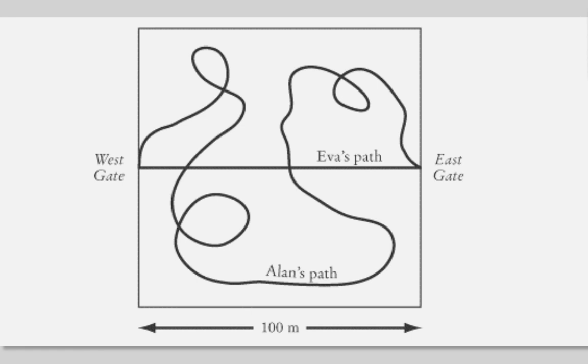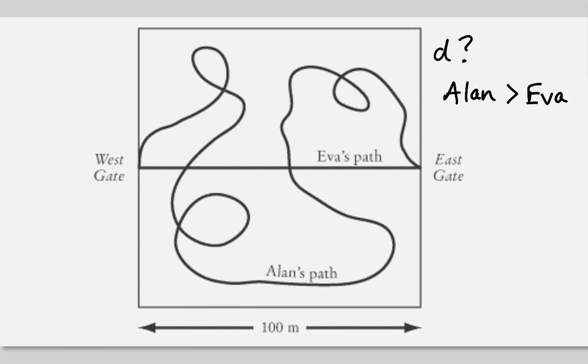Okay, so let's take a look at this picture. In terms of distance, who traveled the greater distance? Yeah, Alan traveled the greater distance. Alan is greater than Eva. Because he does this crazy winding path that takes a look at this whole rectangle. He's all over the place, whereas Eva is just left to right. You can see that that line is shorter than Alan's line.